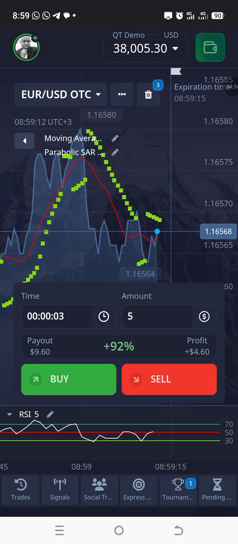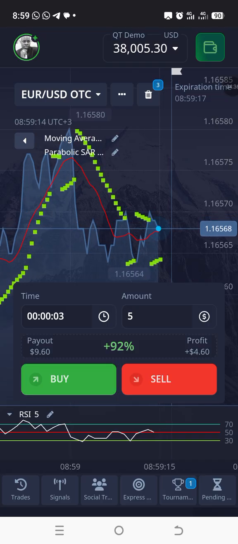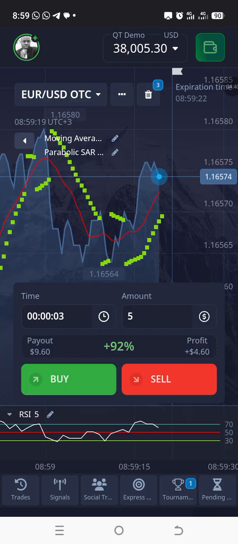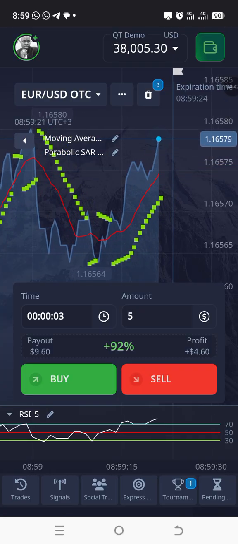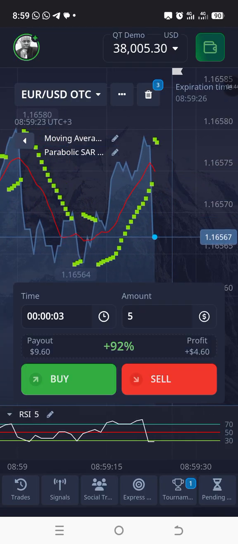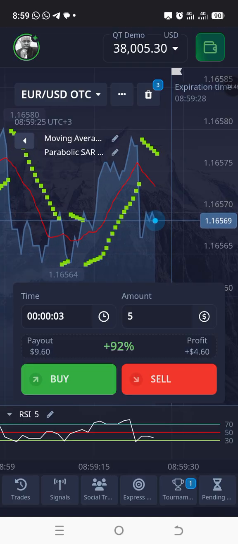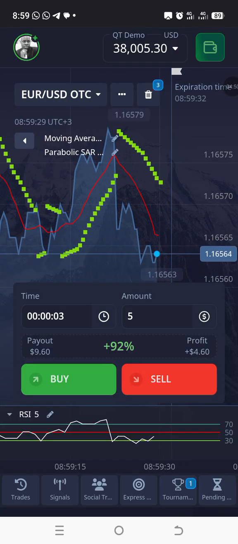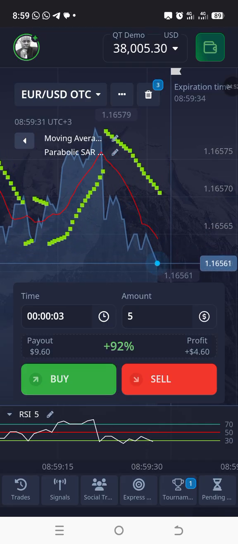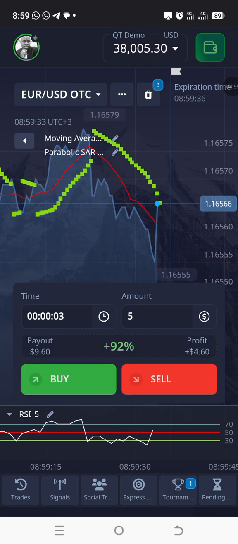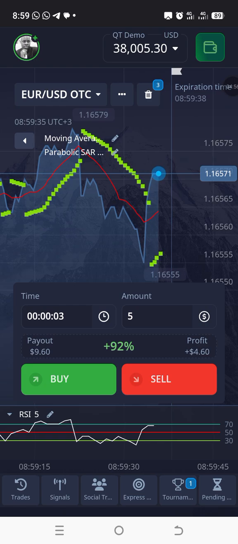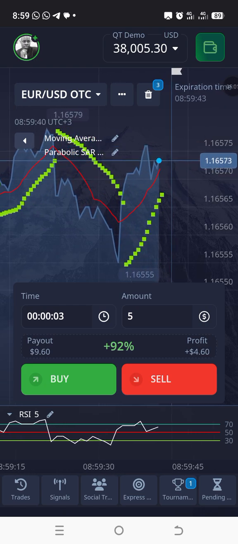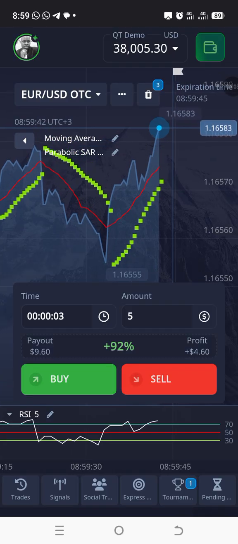When you lose the 12.5, you will double it. It will be 25 plus half of 12.5, which is around 7 or 6 point something. Are you getting it? So you just double it and add half of the stake. Are you getting it?